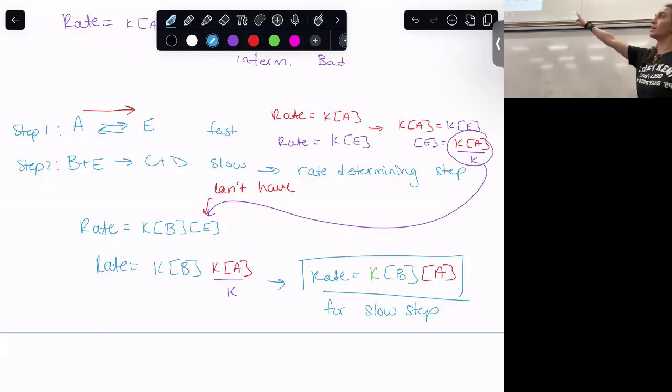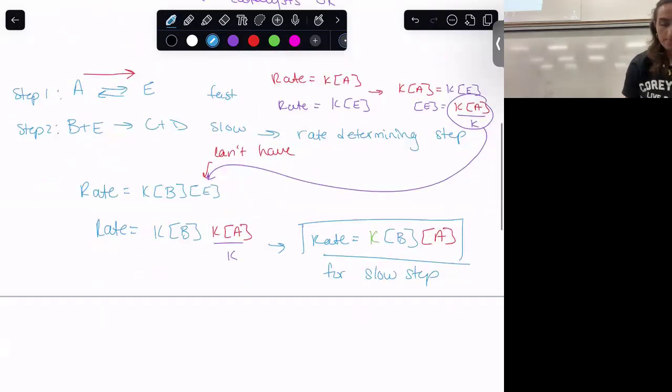If the slow step is first, you can just write it directly. If it was first, it would be a catalyst or just a reactant, and you can use it directly. Right?